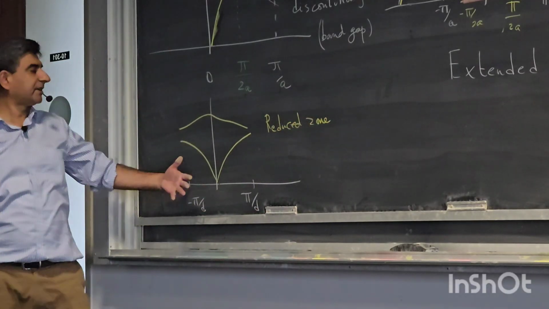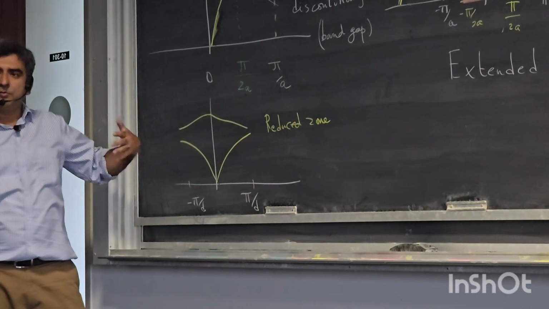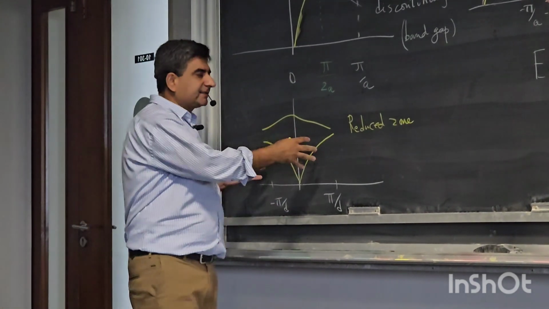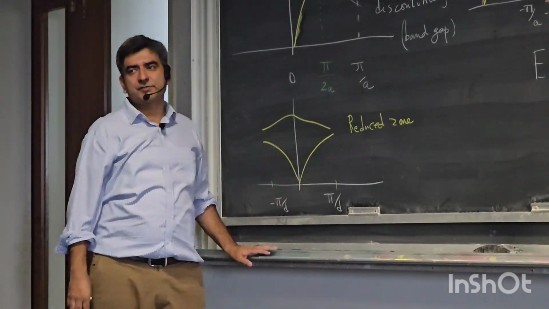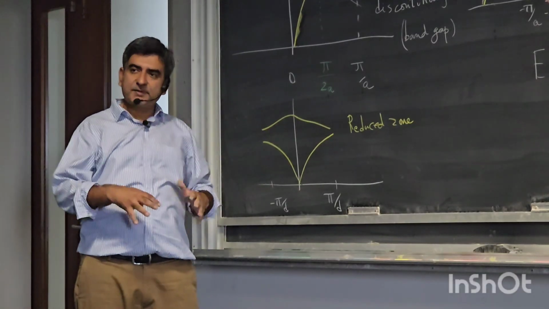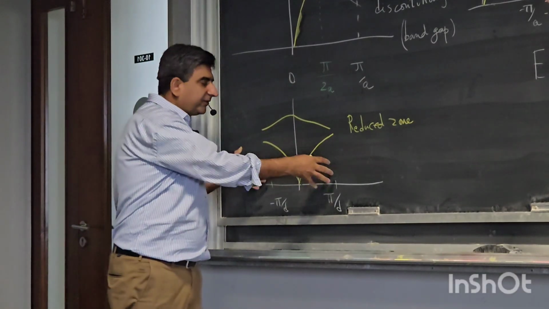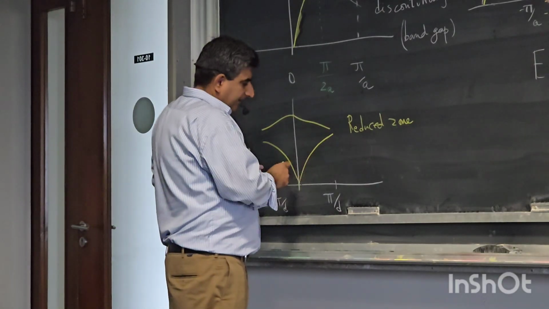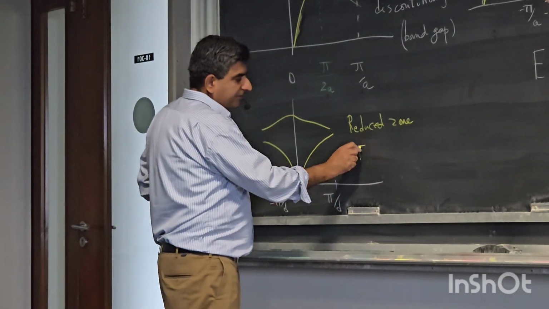And it's sufficient to just mention or draw only the reduced zone scheme, because everything else can be folded back into the reduced zone scheme. So all the drama takes place inside this first Brillouin zone. Okay, so this expanse is the first Brillouin zone.